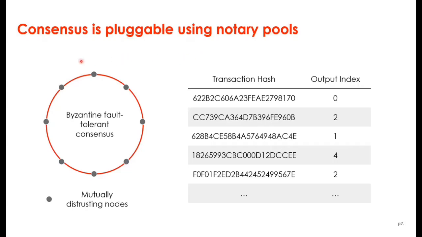So let's discuss pluggable consensus using notary pools. The notary pools, like we just saw, use what's called a Byzantine fault-tolerant consensus. And really what the nodes are there to ensure is how does Corda prevent double spending?